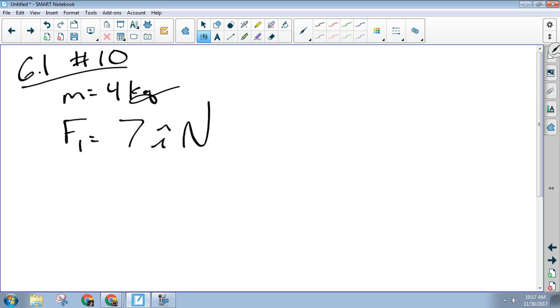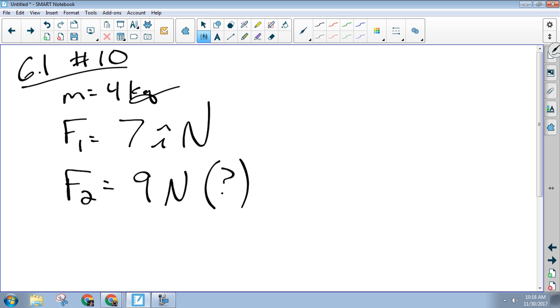So do you guys agree that's F1? Yep. Notice my notation. I'm keeping track of the direction of the force by indicating i there. Force 2 has a magnitude of 9 newtons, but it doesn't tell us the direction. The graph at the right gives the x component, Vx, of the velocity of the disk as a function of the time during the sliding. What's the angle between the constant directions of forces F1 and F2?